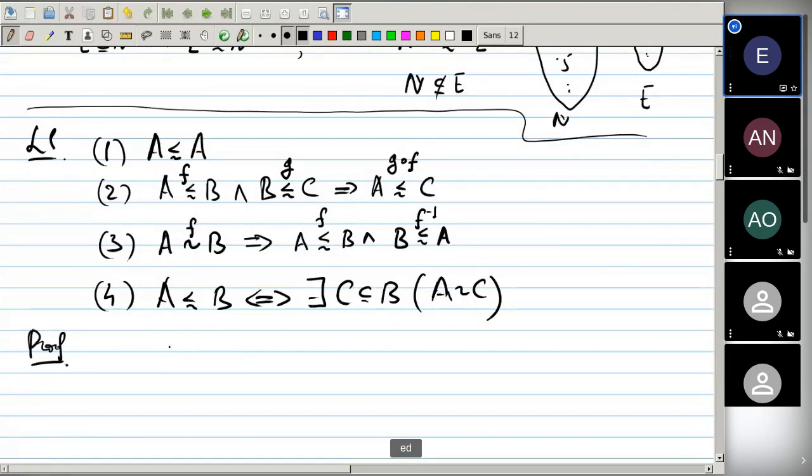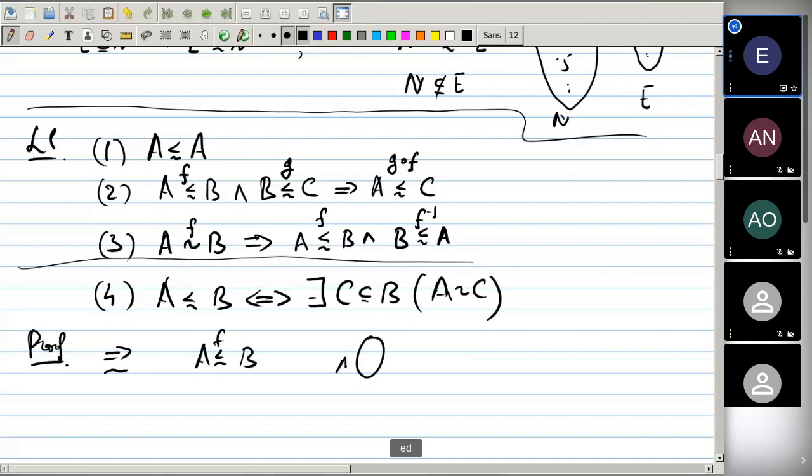Let's prove it. Of course, the first 3 points, I hope they have been already proved. And now let's consider this one. From left to right, assume that there is indeed an injection from A to B. There is an injection f.